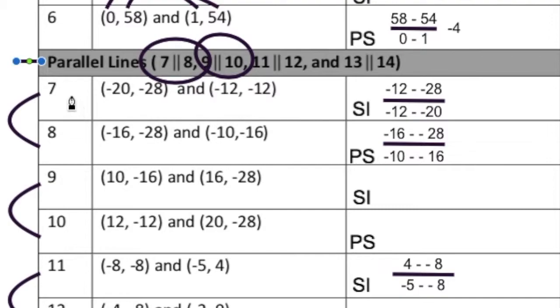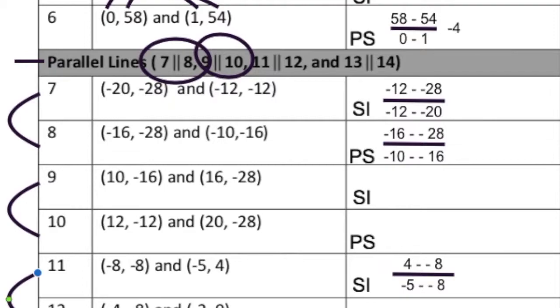So in lines 7 and 8, you are certainly welcome to calculate the slope individually, but you should get the same exact answer for the slope for these 2 lines, for these 2 lines, and for these 2 lines. I'll show you what I mean there. On line number 7, I set up my equation here, negative 12 minus a negative 28, which would be negative 12 plus 28, which is 16.